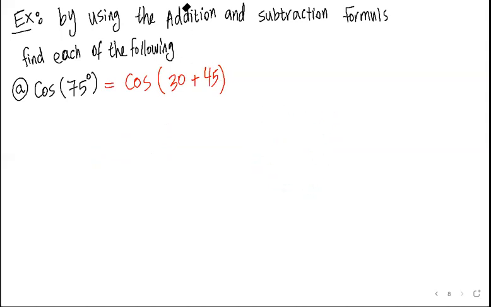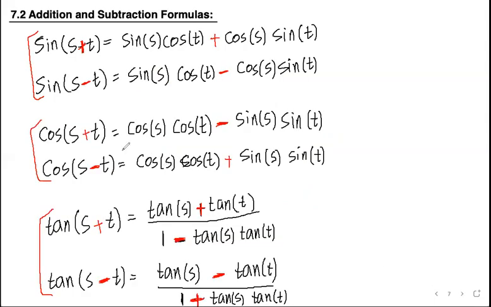Now, using the formula for cosine of a sum: cosine of the first angle plus the second angle is equal to cosine of the first, cosine of the second, minus sine of the first, sine of the second angle.